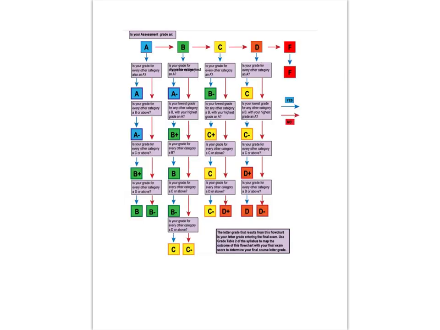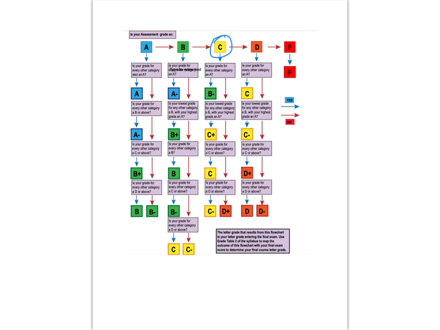So in the flow chart, what we do is we start with your assessment grade, and then we use the other scores to determine where you end. So she started at the C level with her assessments. Then the flow chart asks us to see what her grade was in the other categories. The first question is: is your grade in every other category an A?